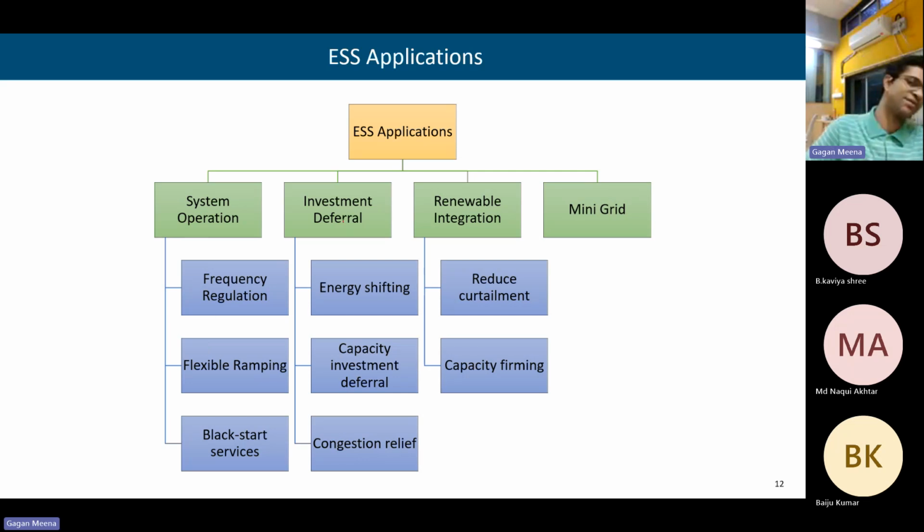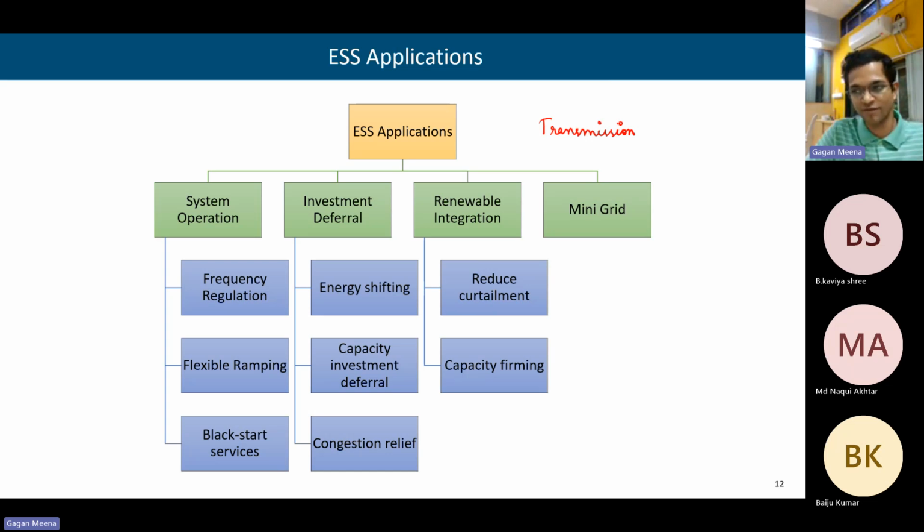And then investment deferral is a very classic example. Why do you want to defer? It means how energy storage can help here. You see transmission. Building a new transmission line requires planning beforehand, and its construction also takes time.